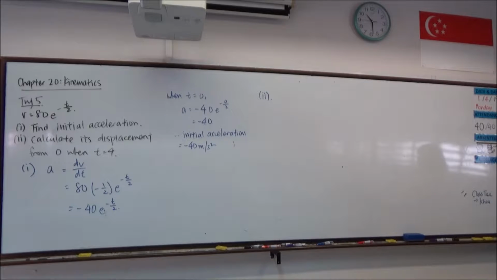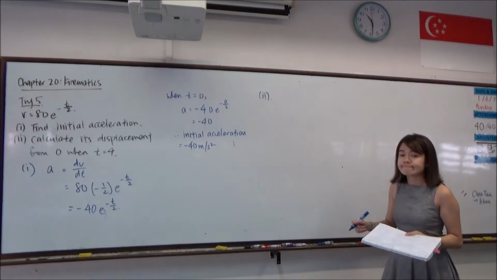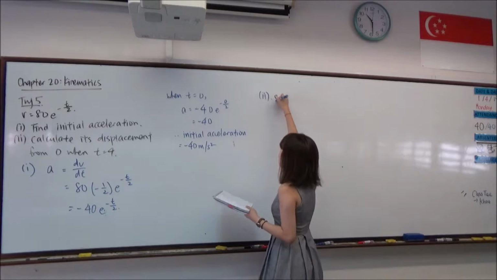Okay, part 2, we want to calculate to 2 decimal places its displacement from O when t equals to 4. So how do we find the displacement? What do we need to integrate? Integrate the velocity, right?